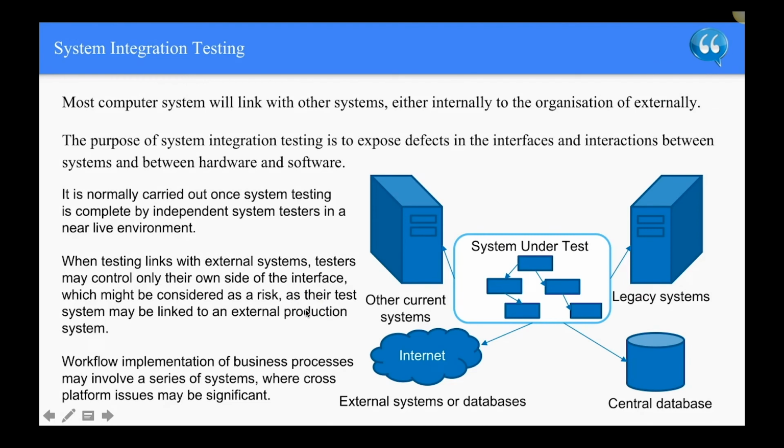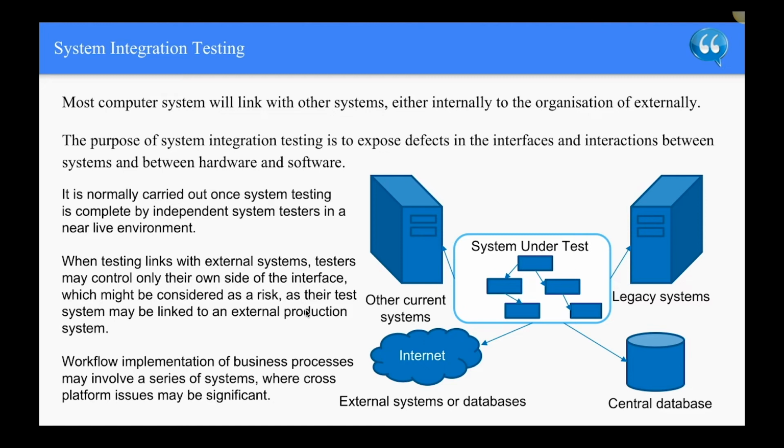System integration testing. So once the system has its components ready, it will have to link with other systems. So it's most likely that the system will have to connect internally with other systems or other organizations externally.